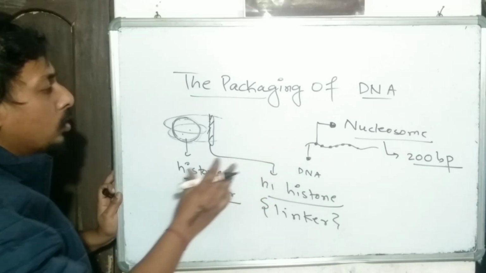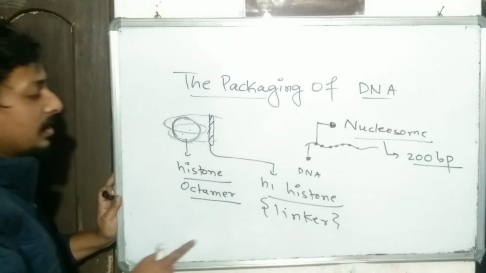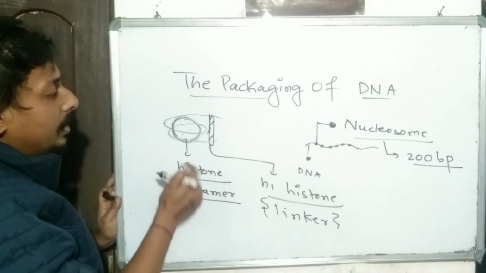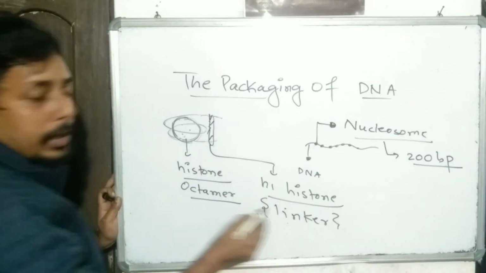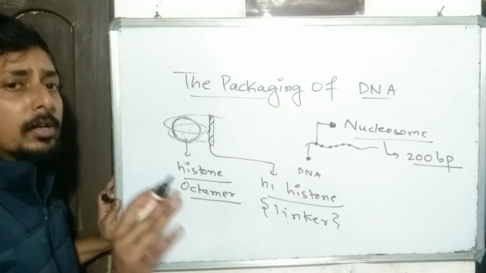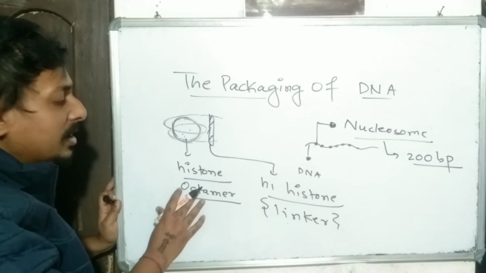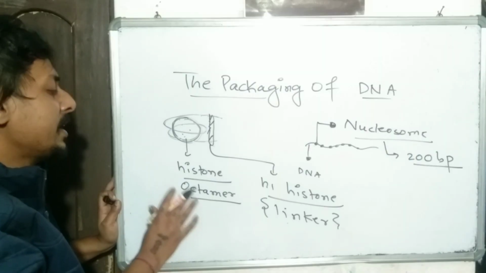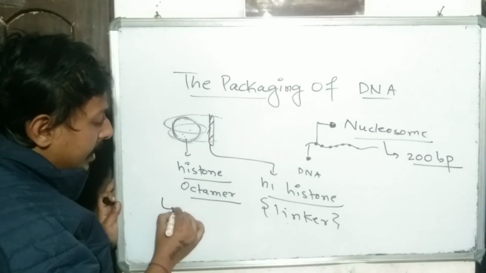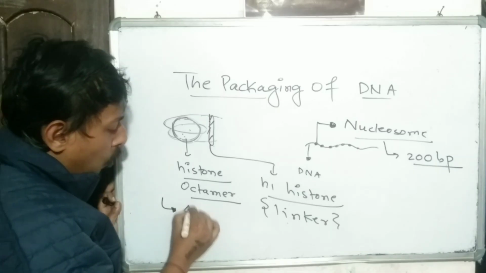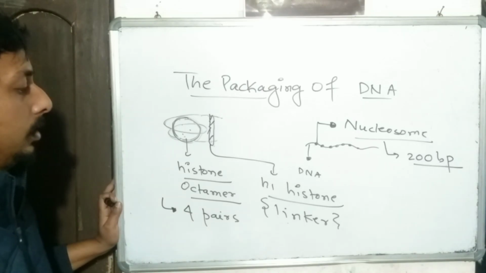Now in a nucleosome we see DNA having 200 base pairs and two types of protein. Number one is the histone octamer, number two is the H1 histone or the linker histone. Now listen to the question. We have to understand a little bit about this histone octamer. Histone octamer is made up of 4 pairs of histone proteins.